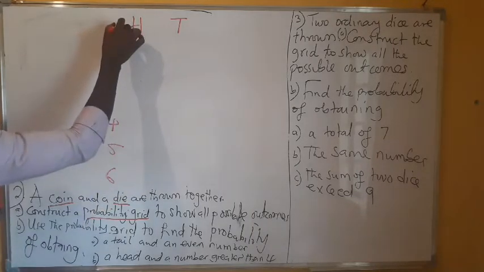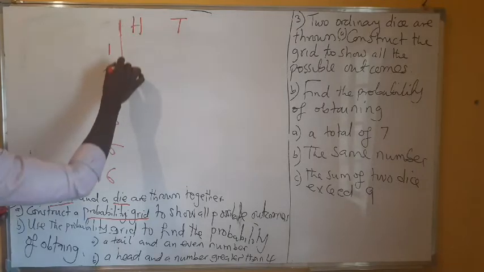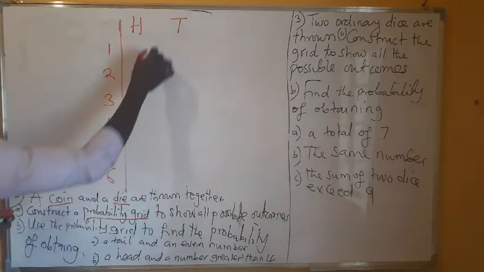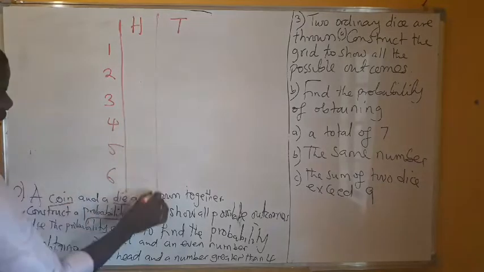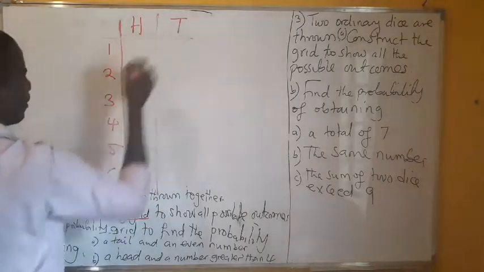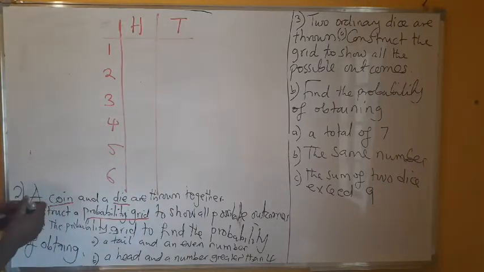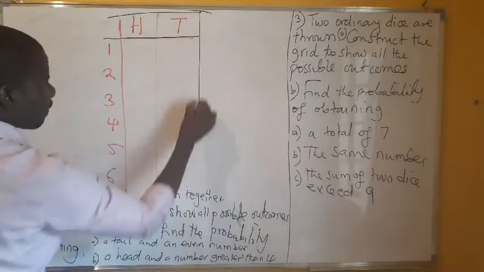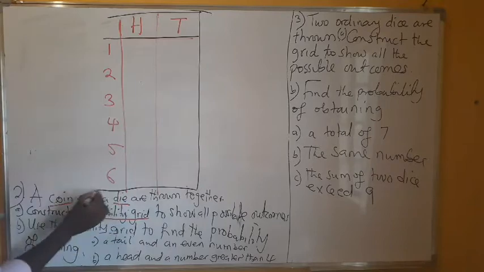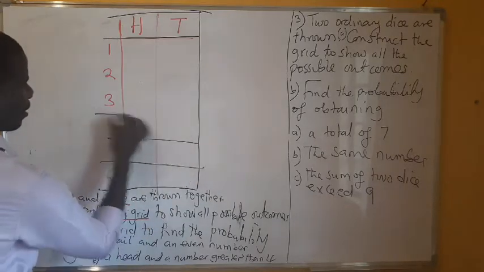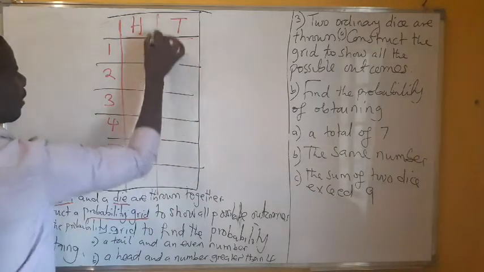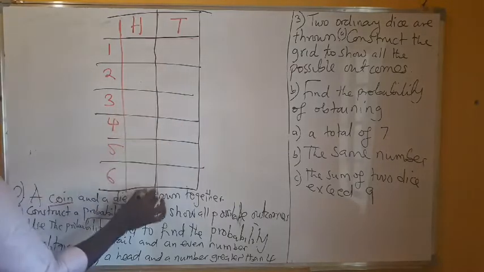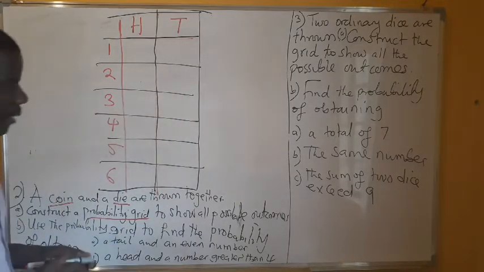So this is how we construct the table or the probability grid. Okay? This is what is expected of us. So these are things that we're expecting.